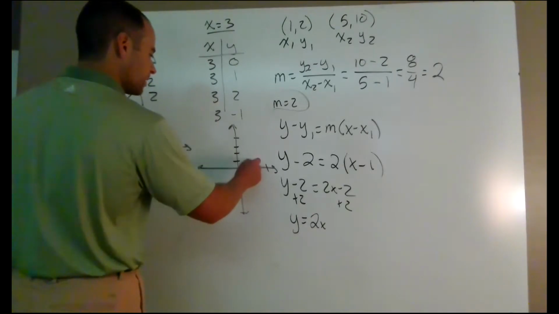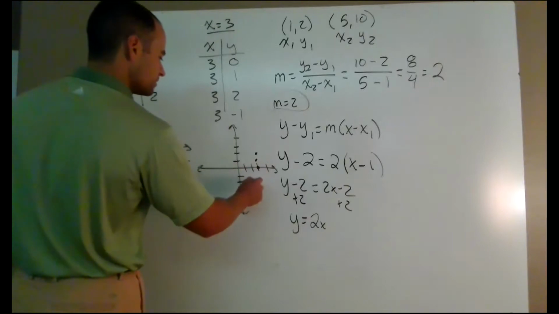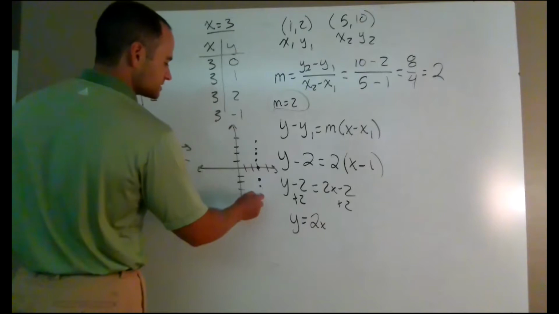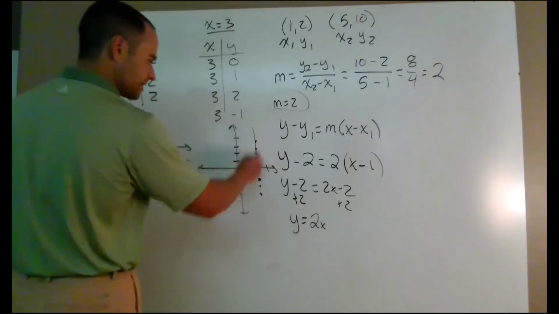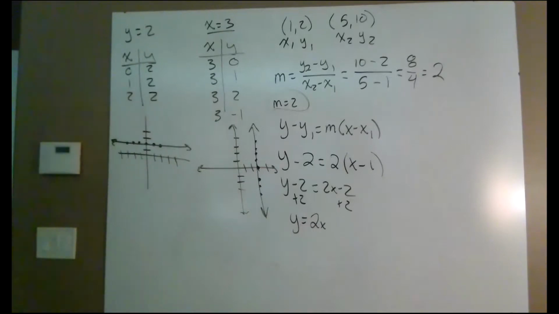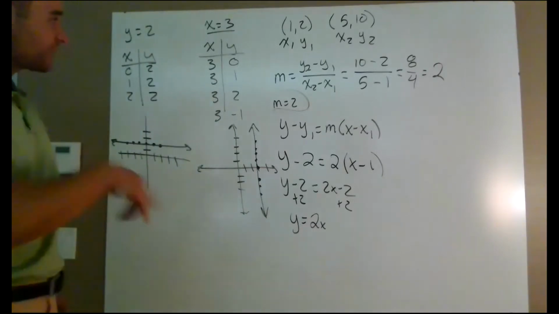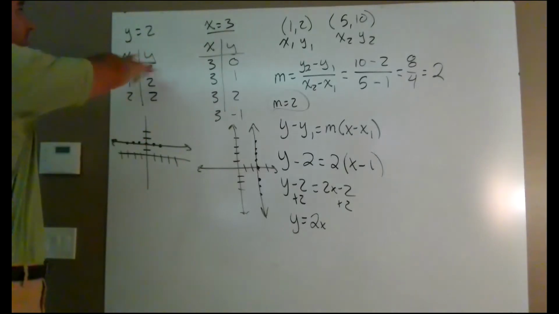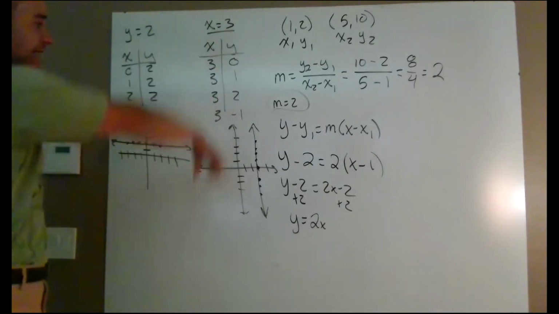X is equal to 3, y is equal to 1. (3, 2), (3, negative 1). As I keep plotting these points, I see that they're going to fall straight up and down, and I end up with a vertical line. So that's a horizontal line, y is equal to something, vertical line, x is equal to something. And that's just how they happen to work out.